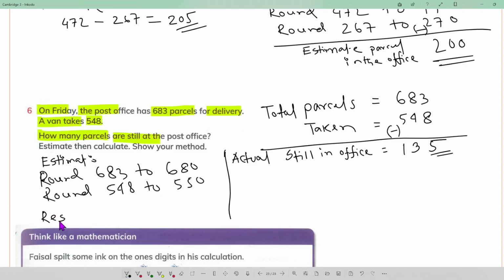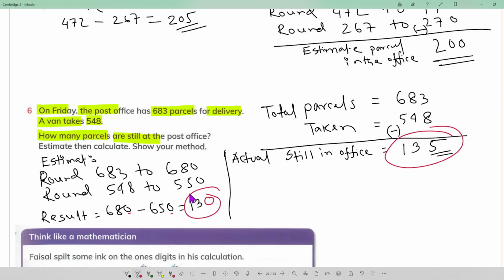Result: so 680 minus 550, the answer will be 135. Now is it? No. Here is 0 and 0, right? So here is 130. So the actual result is 135 and the estimate result is 130.